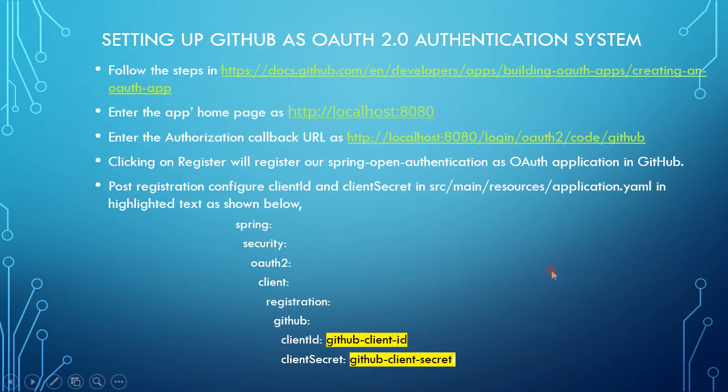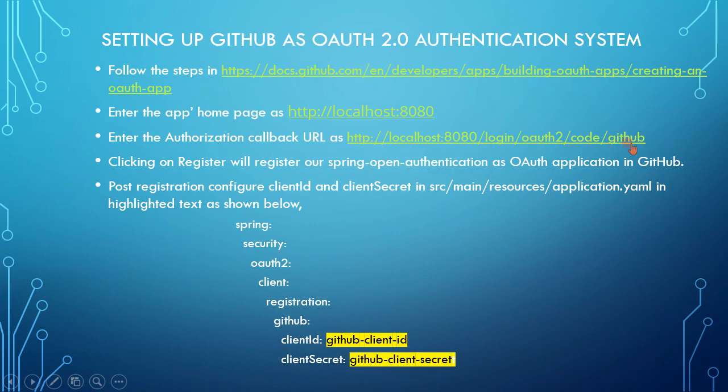Okay, now registration of our open authentication client with GitHub. Follow the steps given in this link, and on the registration page, enter the app homepage as this one and callback URL as this one.